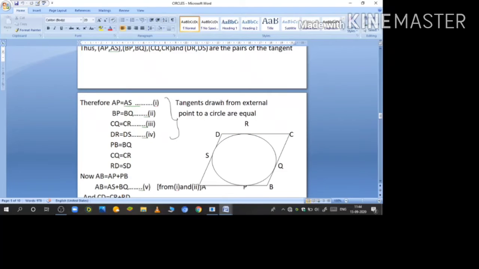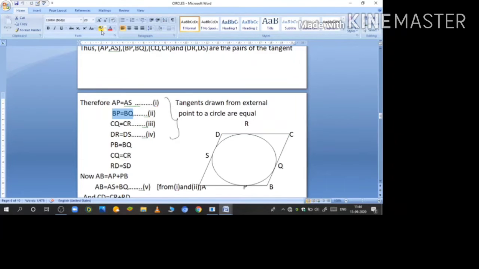But here, instead of BP you can write it as PB. So PB is equal to BQ, CQ is equal to CR. Instead of DR it can also be written as RD. So RD is equal to SD. So DS can also be written as SD.